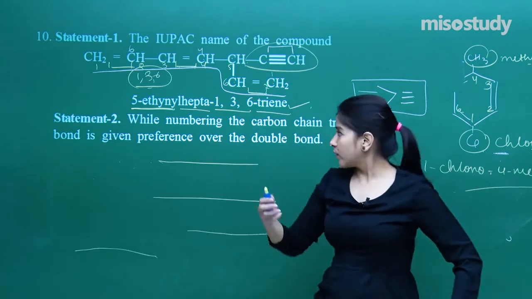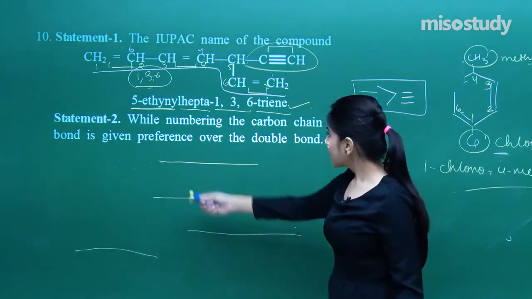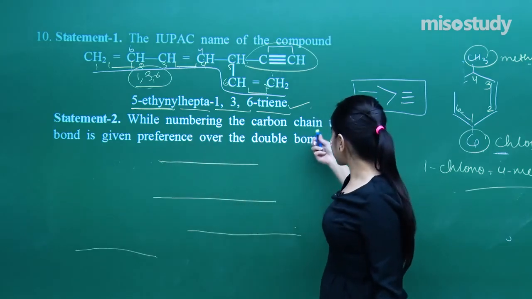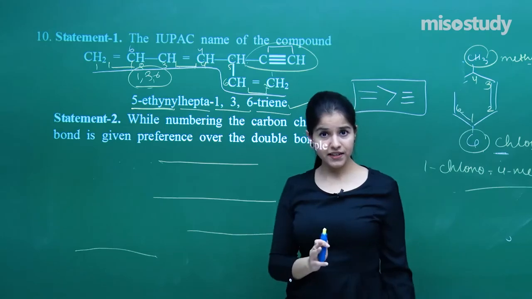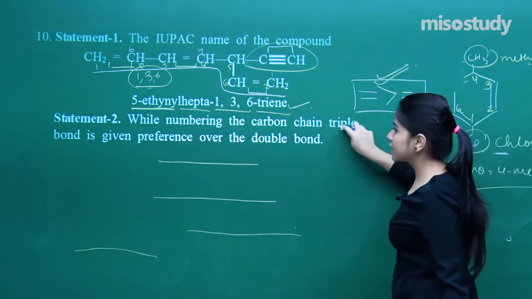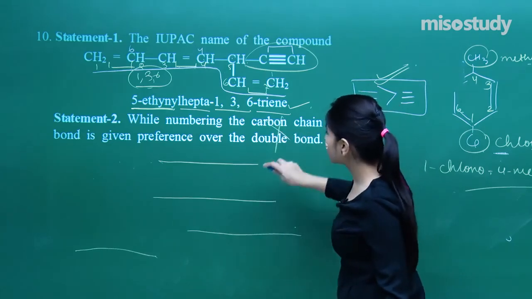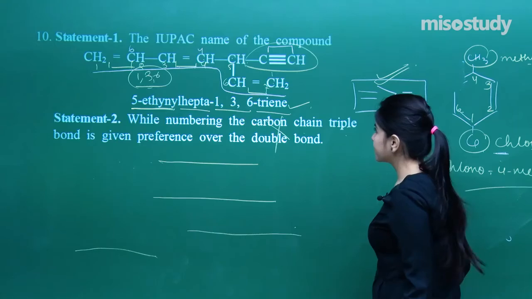Now let's check whether statement 2 is true or false, or whether it is a correct explanation. While numbering the carbon chain, triple bond is given preference over the double bond. Is it correct? Not at all. Always the double bond is given preference, not the triple bond. So this statement is false. That means what option do we need to choose?